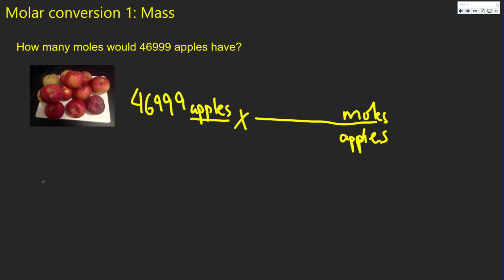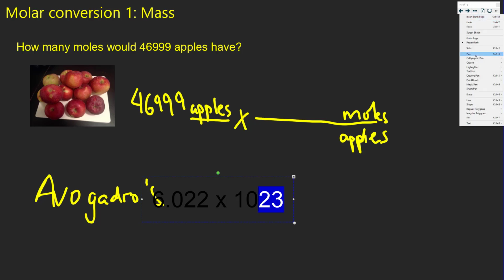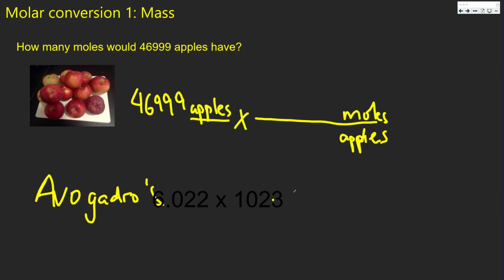Yes, that's your Avogadro's number. Remember, for Avogadro's number, it is 6.022 times 10 to the 23. That's what that number is. Let's see if I can superscript this. Okay, I'll just write this one out.